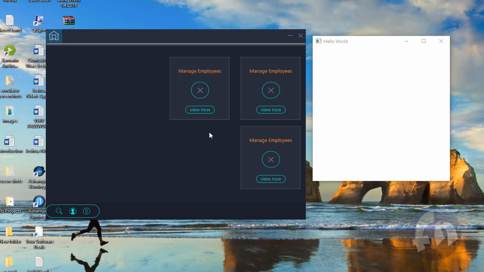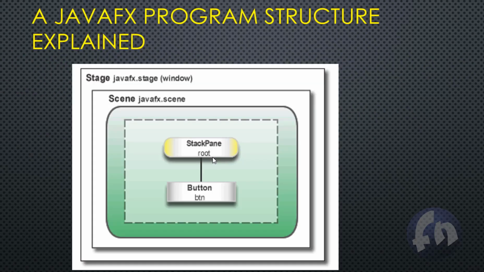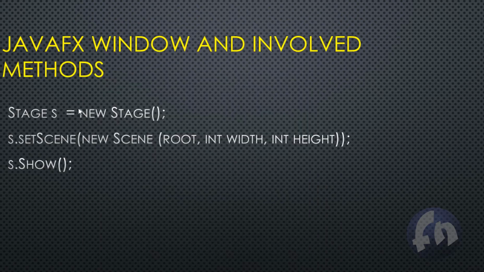Let me check whether I addressed everything. And so, guys, this was the last slide in this tutorial, and let me show you the last slide. This was the last slide, and it was just explaining how to create a stage and how to set a scene in that stage.